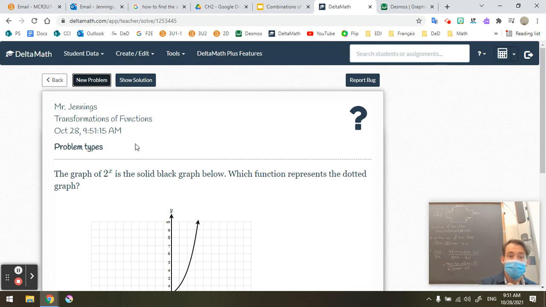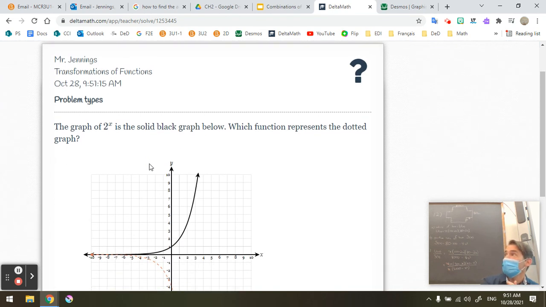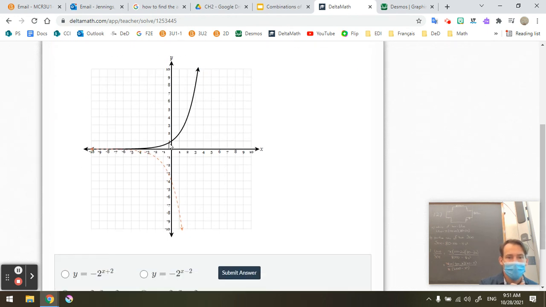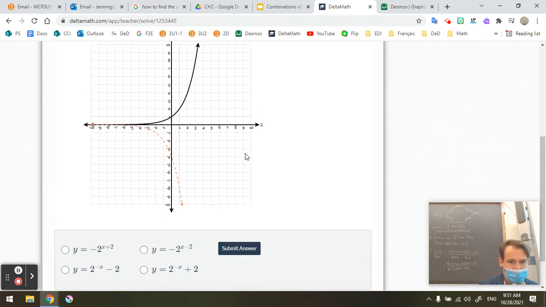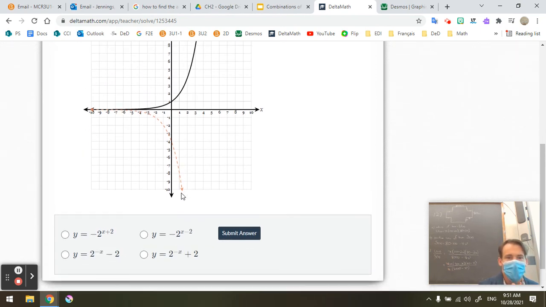Yeah, absolutely. So here we have 2 to the x. This one has actually been stretched. So if I take a look at this point (1, 2), take a look at what happened to that point. It's now way down here at -8. So I go through and I find the transformation that would do that.